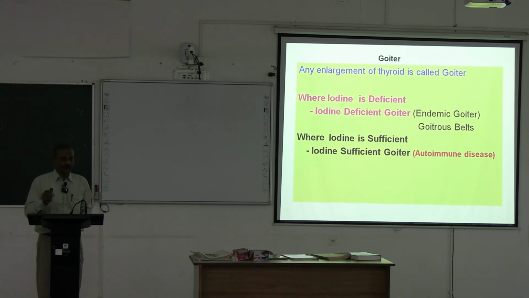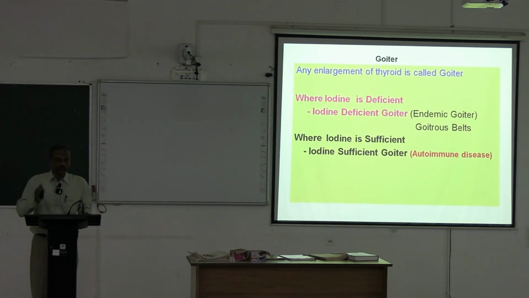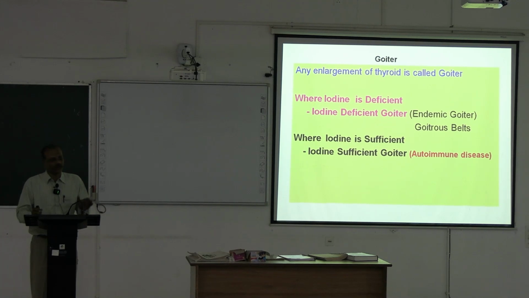As I told you, any enlargement is called goiter. Goiter can be iodine deficient. Remember, today we are not seeing any case of iodine-deficient goiter. Whatever we are seeing is iodine-sufficient goiter, so don't try to give iodine.